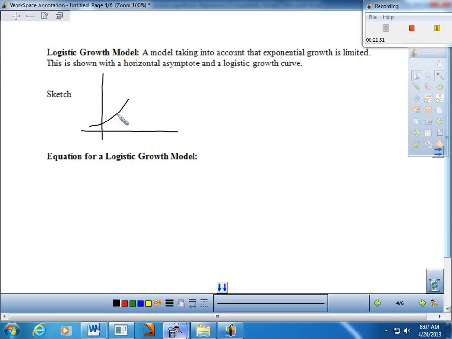Here's the population growth. But at some point in time, again, that pattern simply cannot continue indefinitely. And so what happens is it starts to level off. It starts to change. And so it starts looking like that. And the way a logistic function works is it approaches a particular ceiling, a particular horizontal asymptote right up there. Okay?